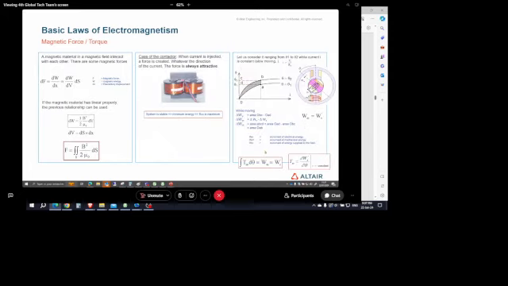Yep. So let me talk once again on the magnetic energy, but now on the variation of the magnetic energy. When we vary the magnetic energy, we are going to create a magnetic force, right? So this magnetic force, it will be always attractive.